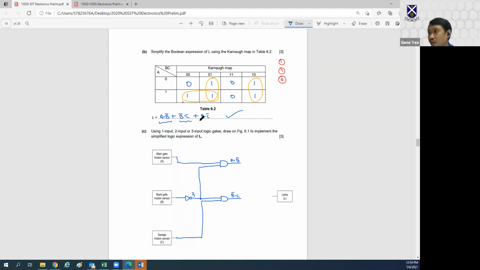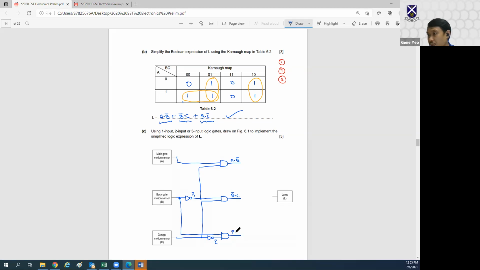And lastly, let's go on to my third group, B and C complement. From here, I need a C complement, so this gives me my C complement. I also need a B, right? So I need to draw a B before the NOT gate. Let's draw this into our third AND gate over here.